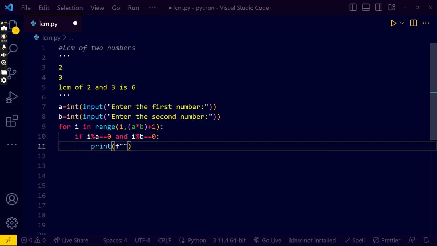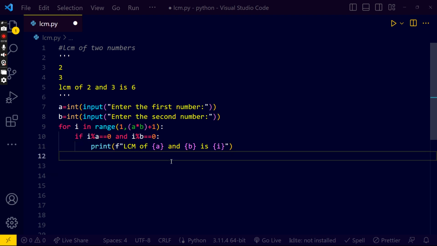I'm using a string here, LCM of A and B is i. I think this is the correct code.